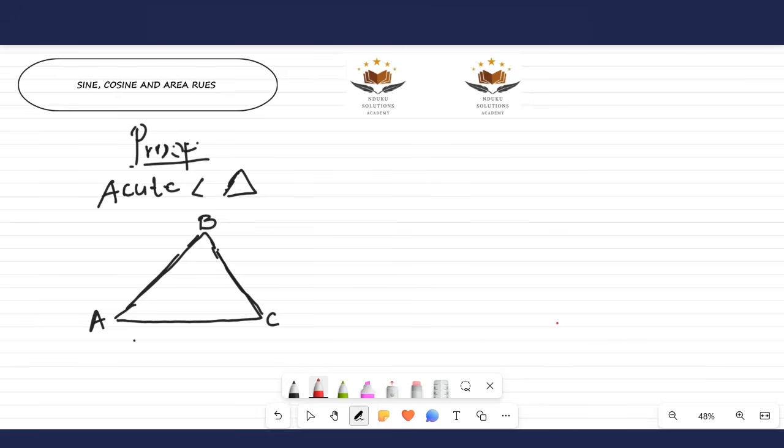So the opposite side will be a. This will be a small letter c, and this will be my b. Good. So what I will do, I'm going to construct a line, a perpendicular height, because I want to find the area. That's my perpendicular height.